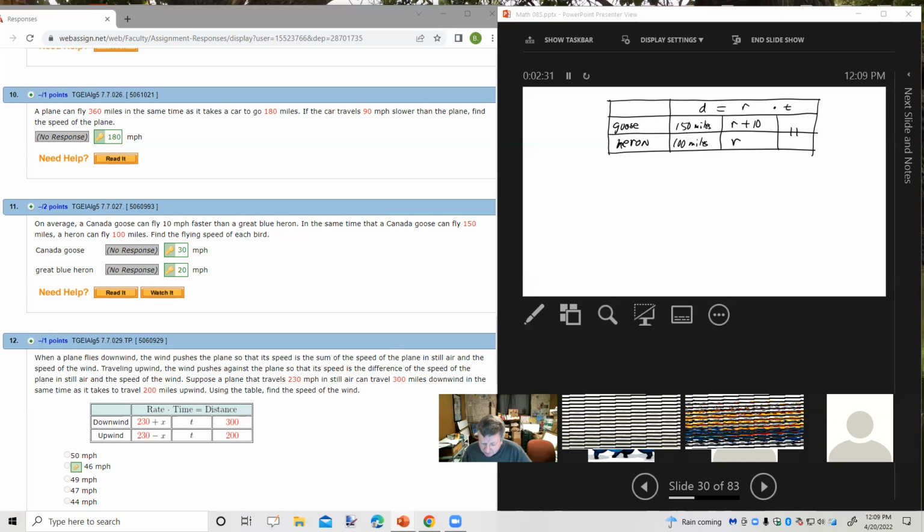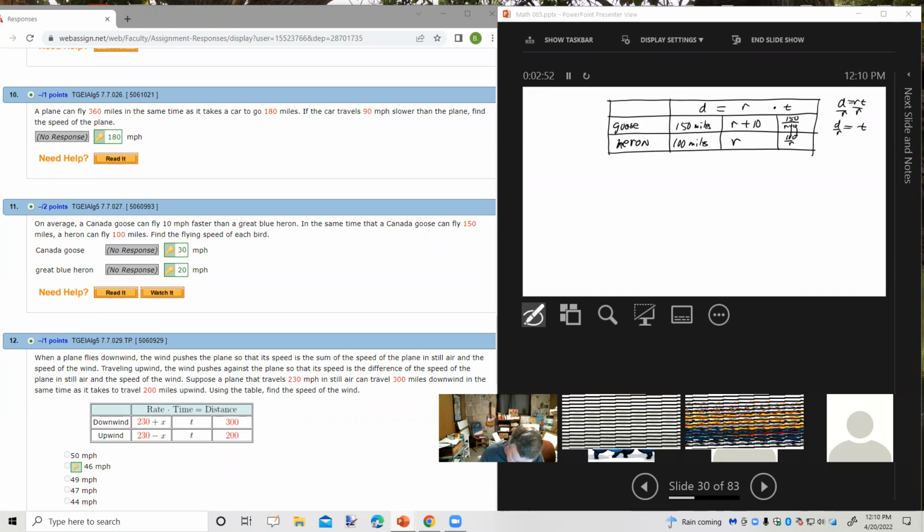All right. So if distance equals rate times time, and we divide both sides by rate, time equals distance divided by rate. So the time for the goose is 150 over r plus 10. The time for the heron is 100 over r.